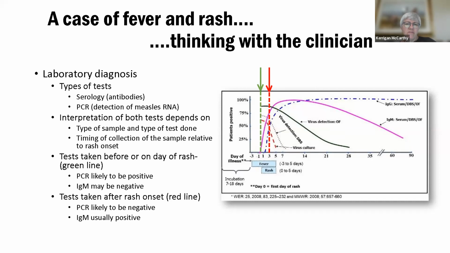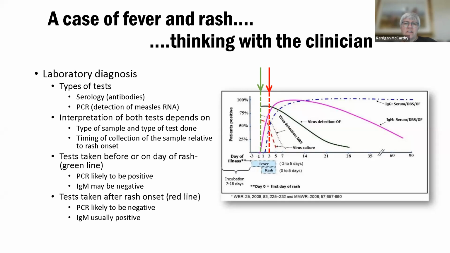Now, this kind of information you get from the patient and the caregiver by asking, when did the rash appear? And if the rash appeared 2 to 3 days ago in the past, you can look at the red line and see that about 75% of patients at this point will have a positive IgM. That will be the point where the vertical red line intersects with the purple line that represents IgM.